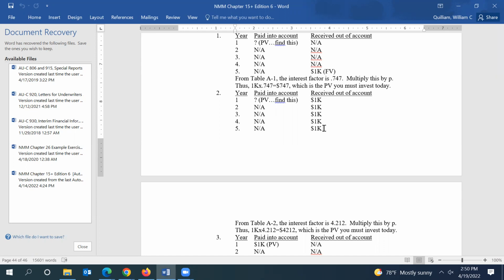Someplace where this definitely applies, if someone is thinking about the retirement fund, if their employer is paying so much money per month into that retirement fund, and that retirement fund, by the way, for for-profit businesses is called a 401k.